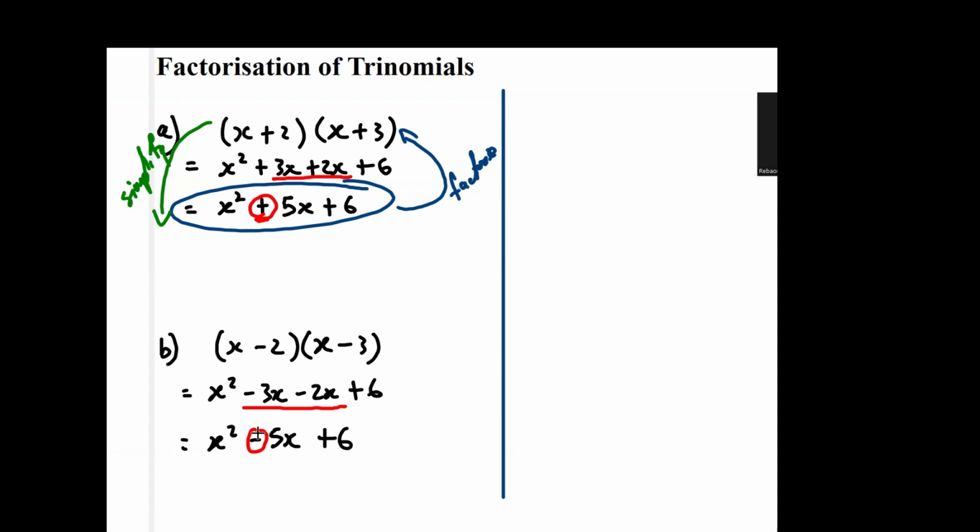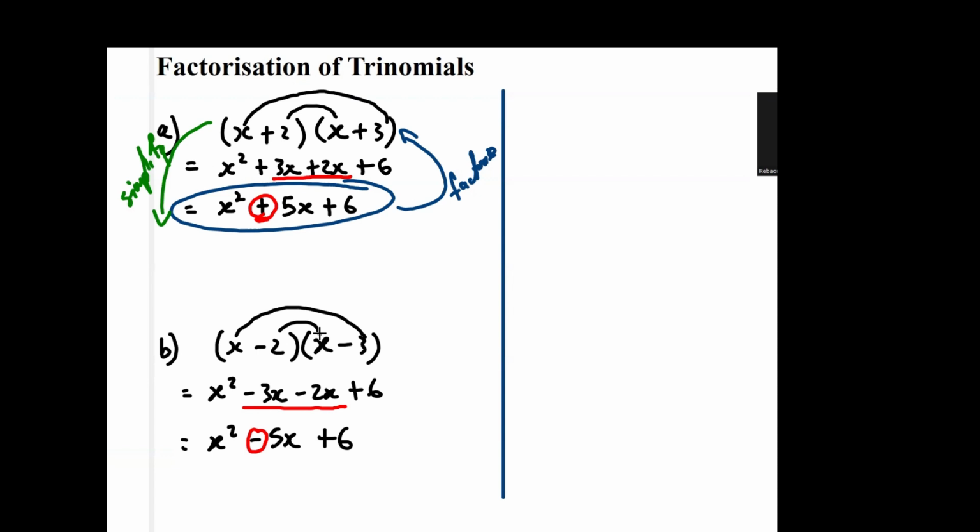In other words, the sign of the middle term came from the signs of our outers and inners. Multiplying the 3 with the x and the 2 with the x. Same thing here, the x and the minus 3, the negative 2 and the x. That's where the signs came from. And we just had to add them up to get that. So I need you to take note of that fact.